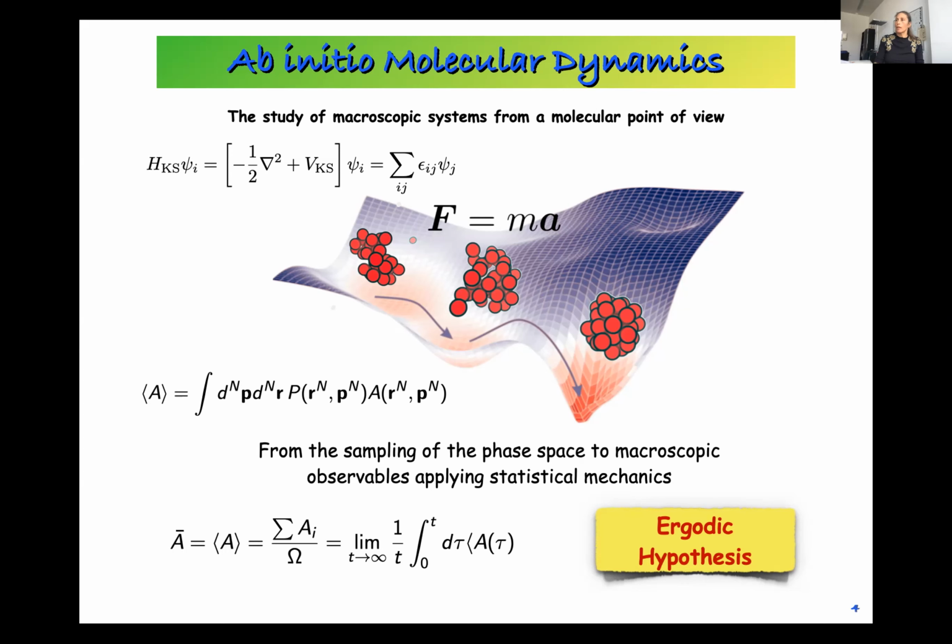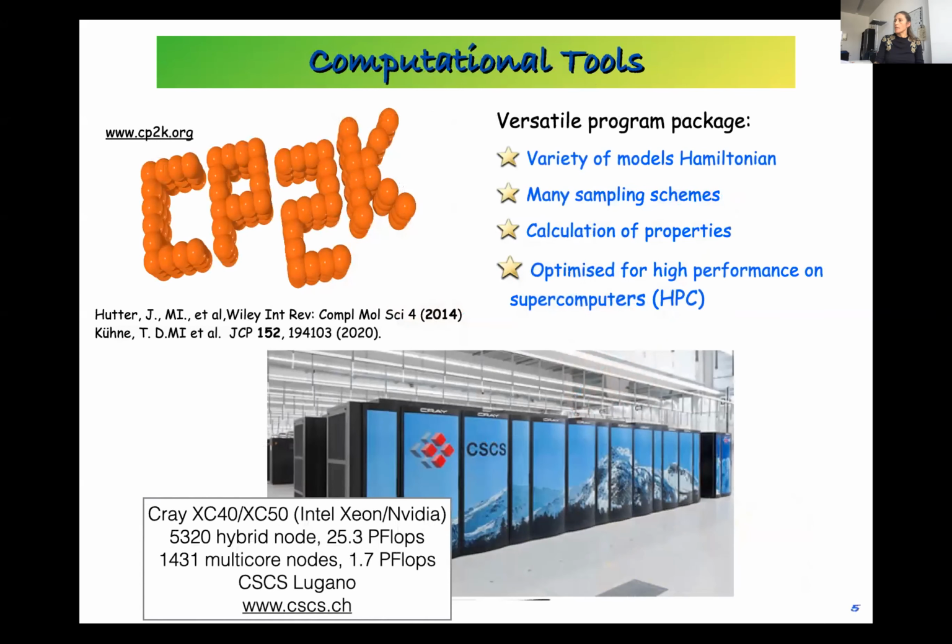But that is our way to study the systems, and in order to do that, we use the CP2K code, and that is a code that has a variety of features, and many new methods are either implemented directly in the code or are implemented in other codes that are interfaced with CP2K, and that is one of the strengths of this community that tries to be as flexible as possible.